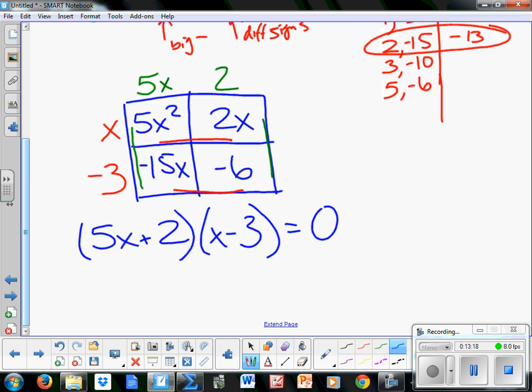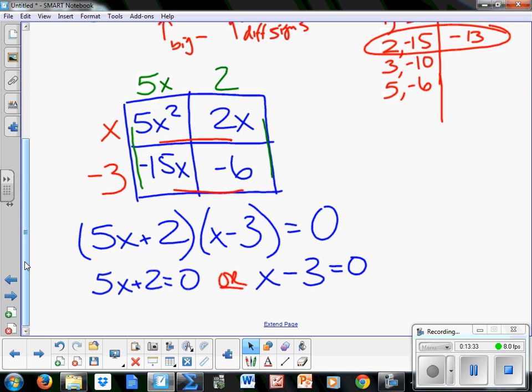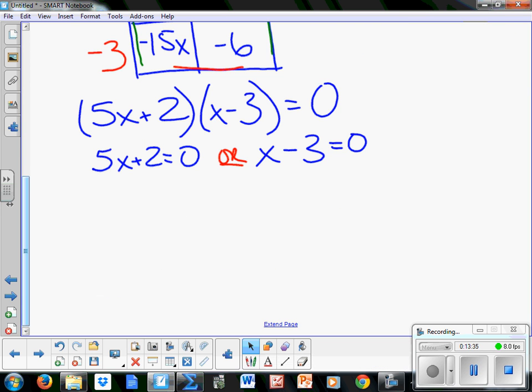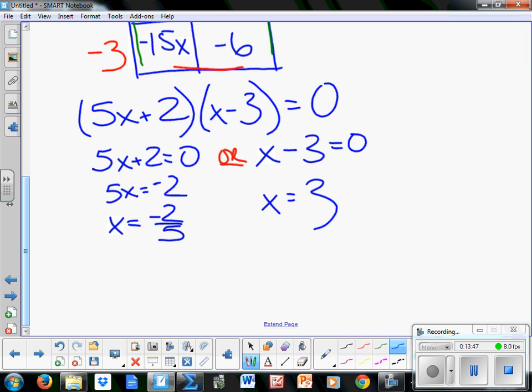Just like in previous videos, we're going to set each one of these equal to 0 to find the two solutions that are possible. And again, here's this big "or" in the middle, because it can only be one or the other. x cannot equal both at the same time. So I'm going to do my 5x = -2. For those of you who can do this in one step, that's just fine. x = -2/5, or x = 3.